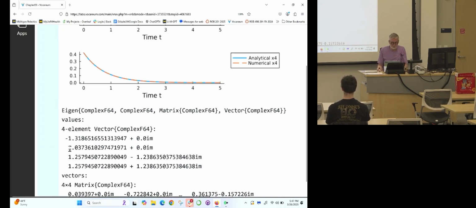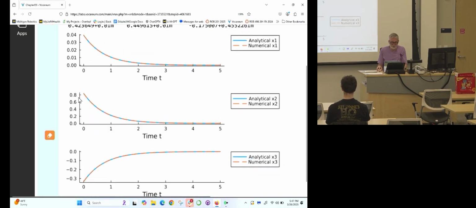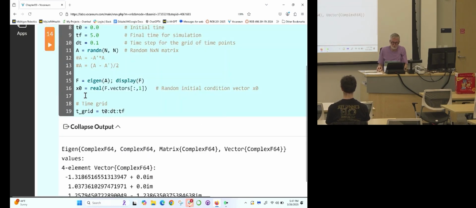Now, if I take this as the initial condition, it shouldn't be so nice, right? So I'm going to change it to the second eigenvector. The real is because when Julia calculates the eigenvalues and eigenvectors, it calls them complex type.